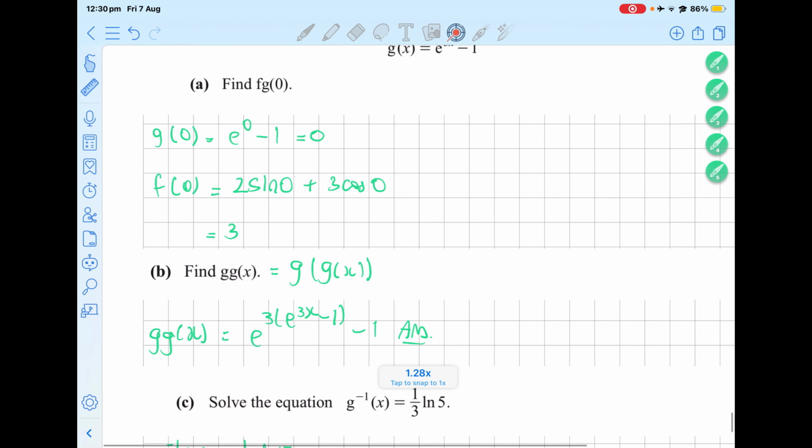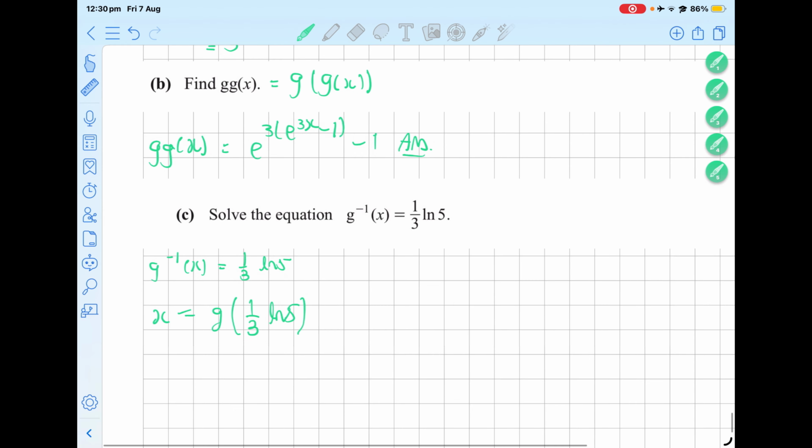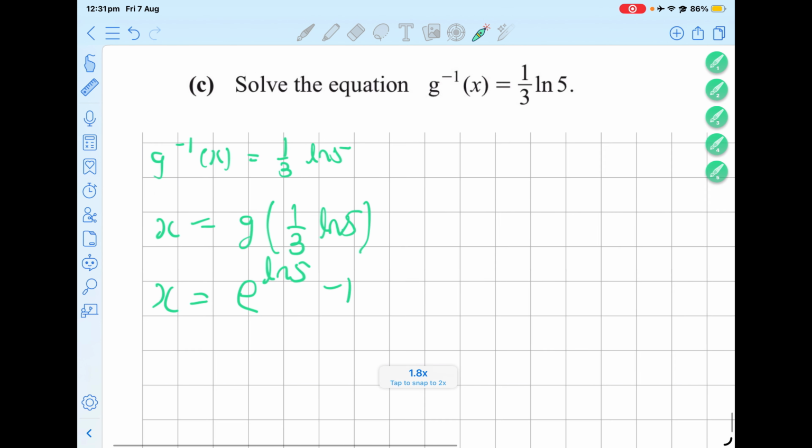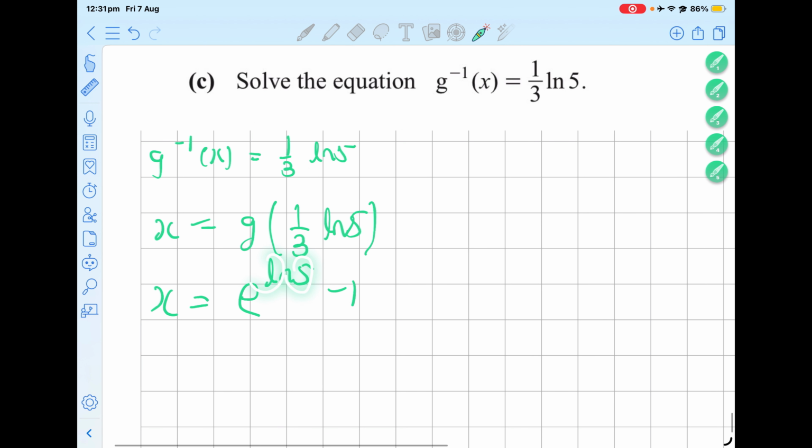Well, x is then e to the ln 5 minus 1, and once you have e to the ln of a, where a is a constant, it becomes a. So x is 5 minus 1, which is 4. That's the answer.